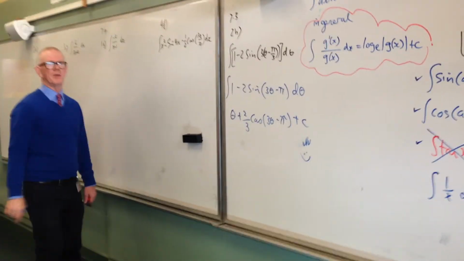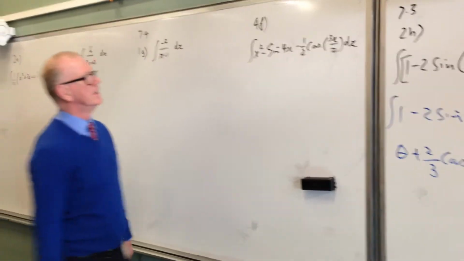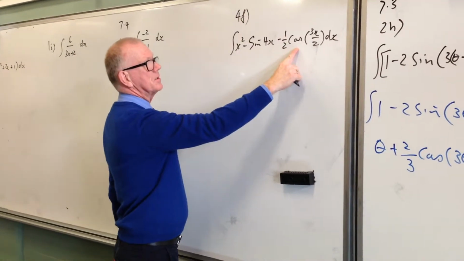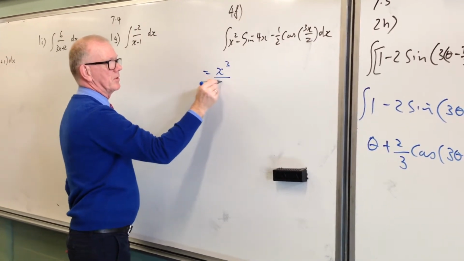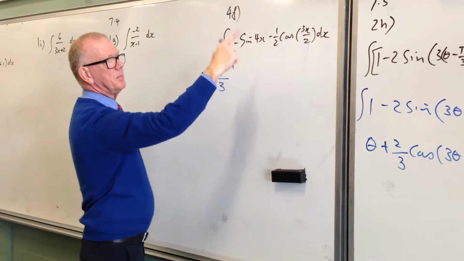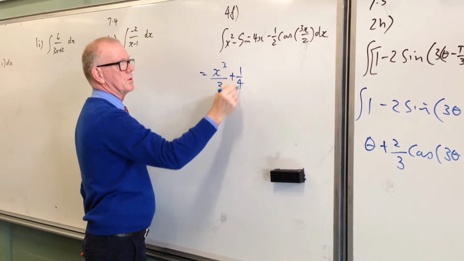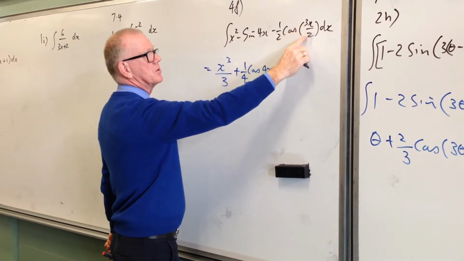Another example out of set 7.3 is question 4f. X squared minus a sine minus a cos, and it's all about x. That's going to equal x cubed on 3, which is the integral of x squared. The minus sign becomes a positive cos, and I've got a 4 there, so 1/4 cos of 4x. I have 3 on 2.